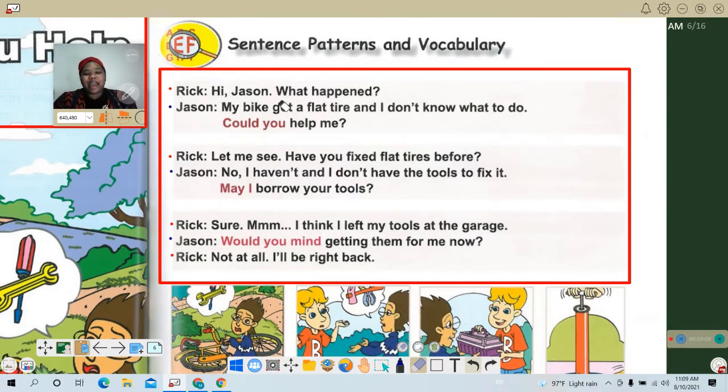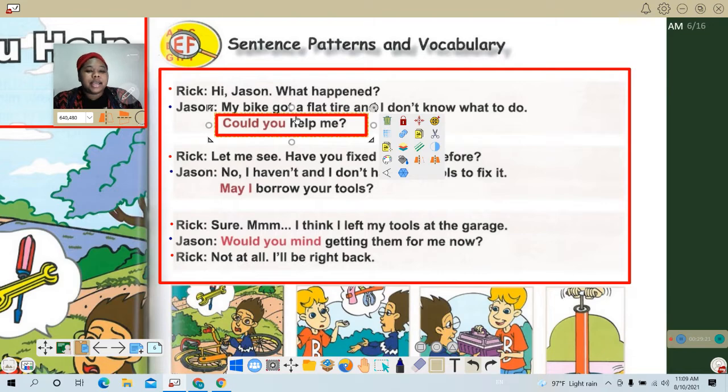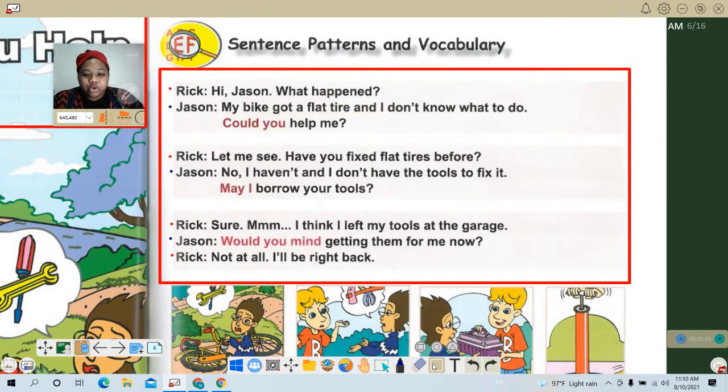Yes. Okay. So, the questions you can ask others if you need help, and that will sound nice, start with could you. So the sentence will be could you, and then it has to have a verb. Only a verb, no ing, no past tense, no past participle.